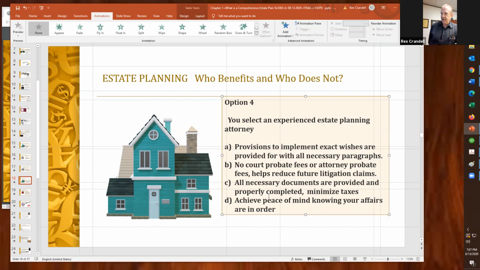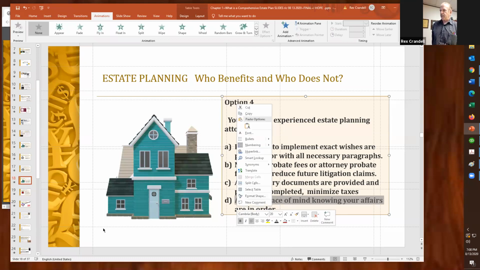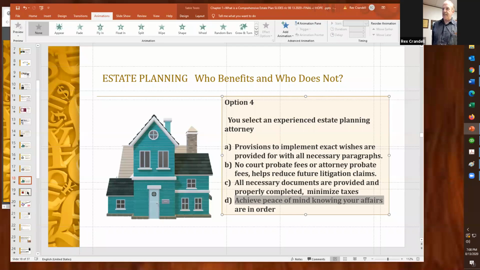You get all the necessary documents, and there's a lot of unique situations that an experienced estate planning attorney can make happen that are not within the generic type forms. So you get peace of mind for your beneficiaries.